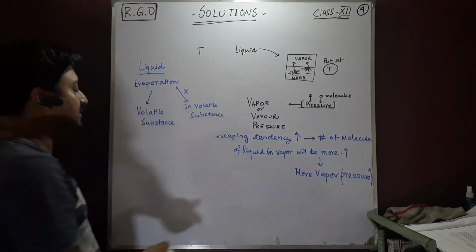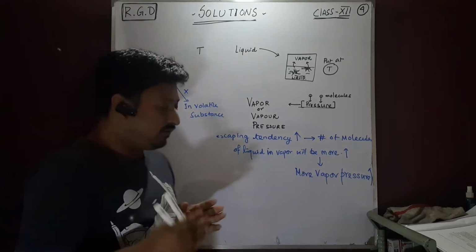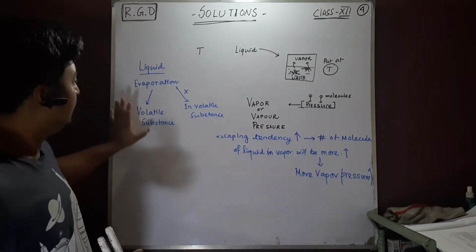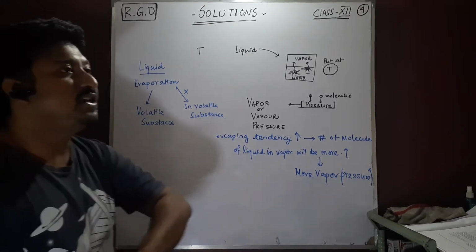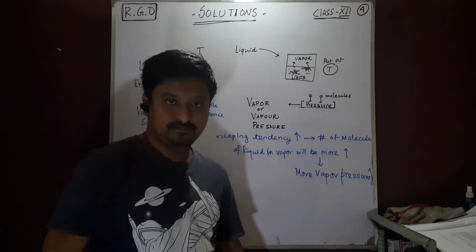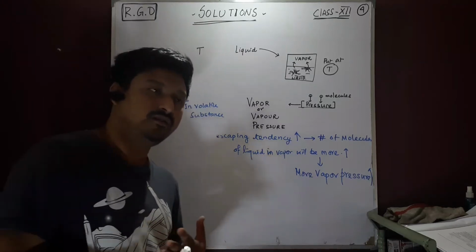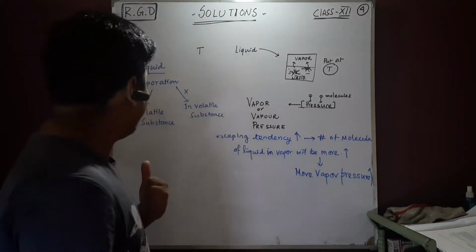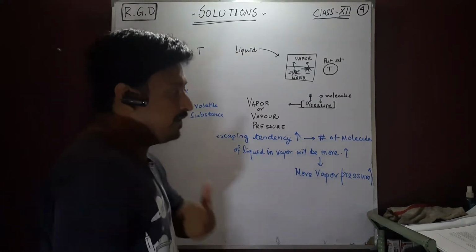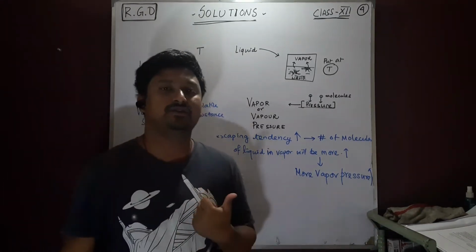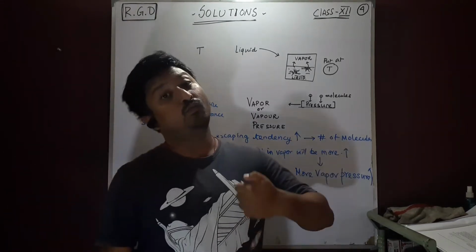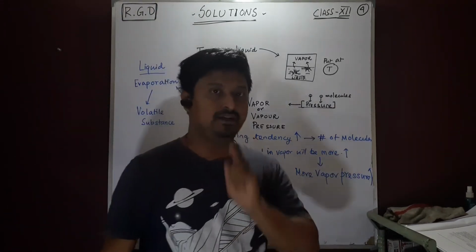Now, if you have a solution, a mixture of volatile substances, then the vapor pressure will be exerted more by the more volatile substance. Keep that in mind.